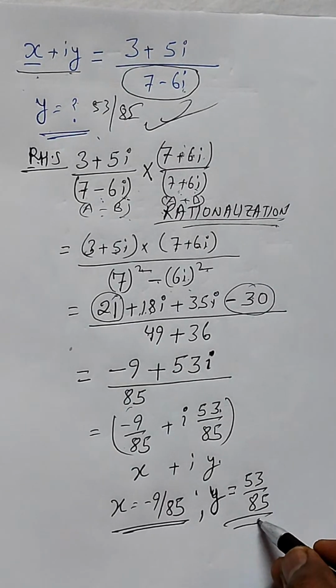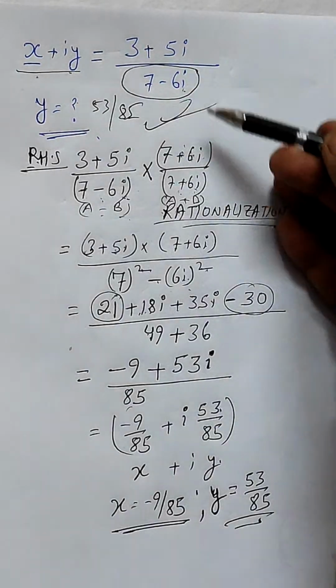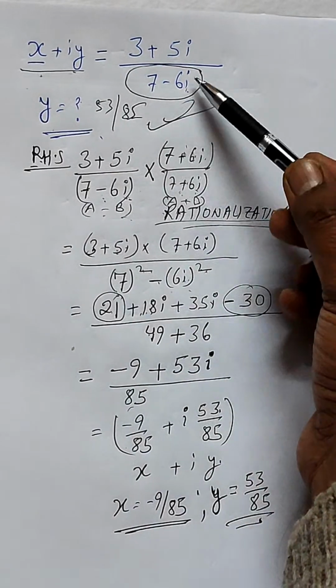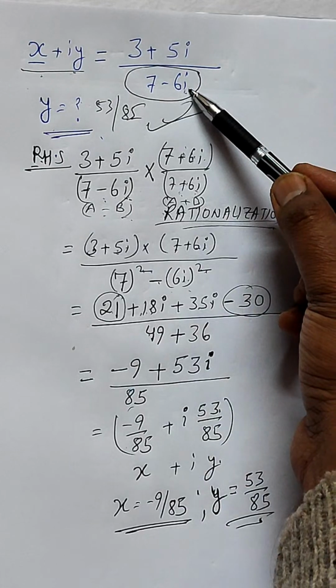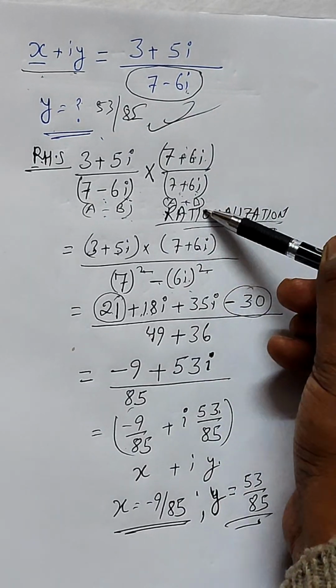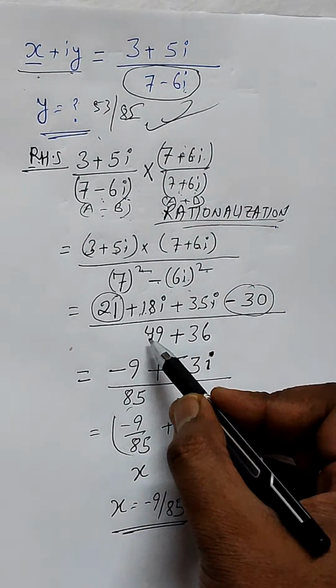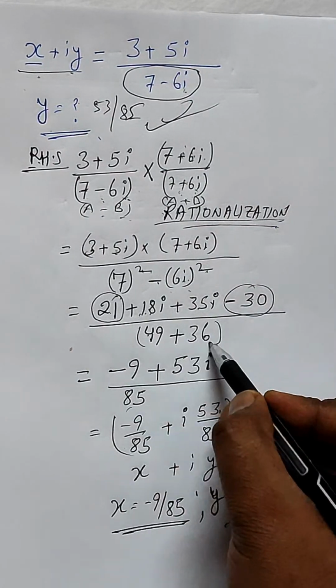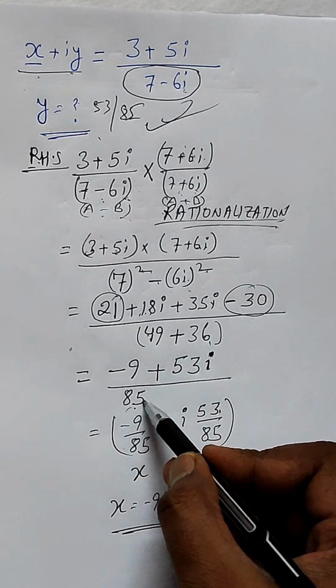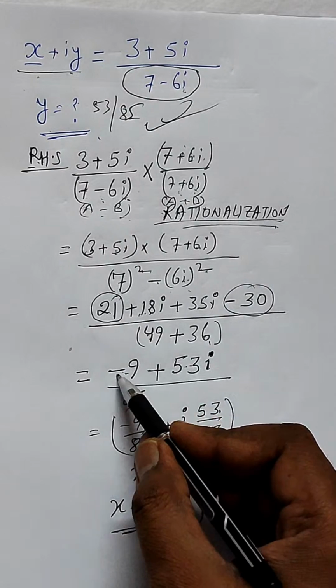I hope you got this concept, how to solve such complex number questions. Here what we did, since we want to remove this i from the denominator, for this we rationalized it, and after rationalization you can see the number in the denominator comes as a constant. So that number will remain there, and that will divide both the numbers in the numerator.